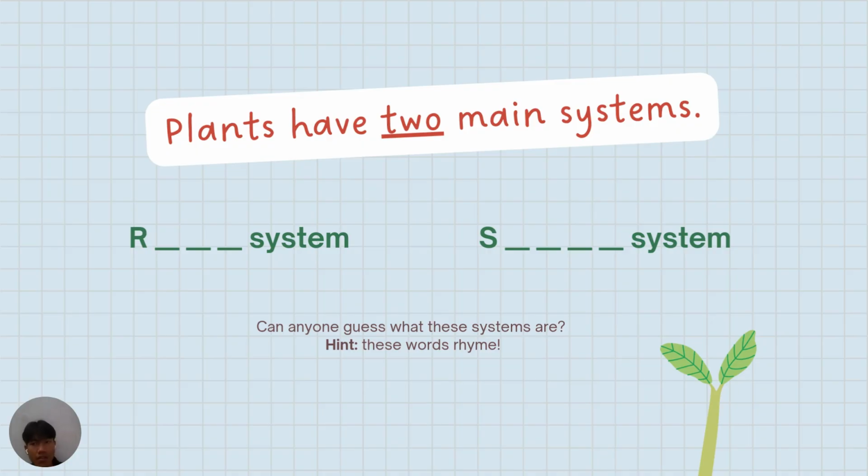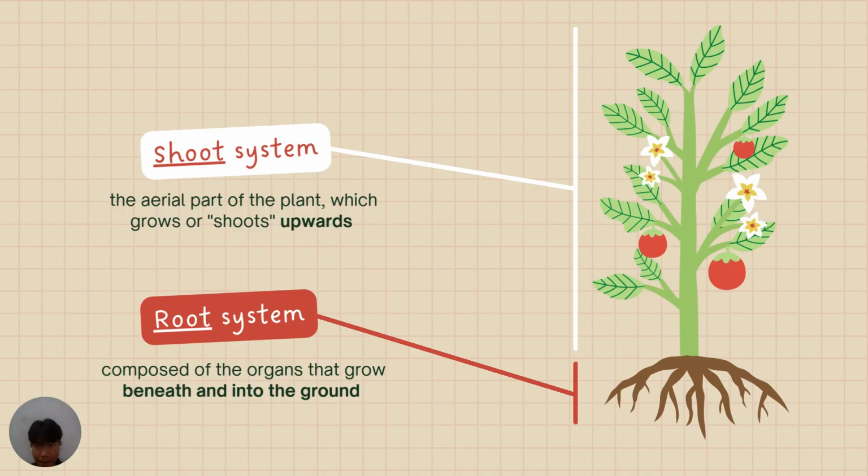Can anyone guess what they are? Okay, time is up. They are the root system and the shoot system.